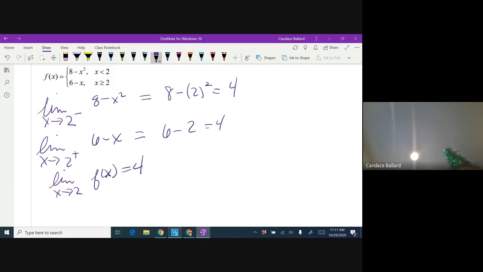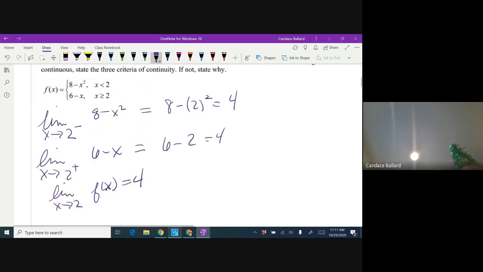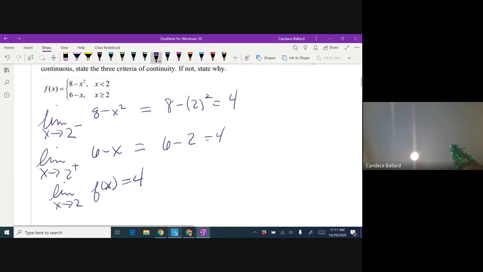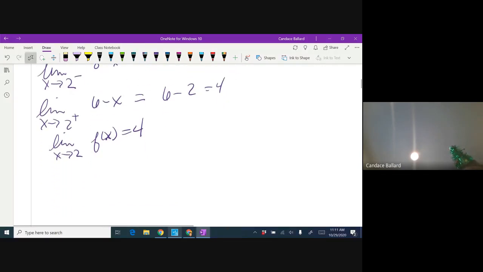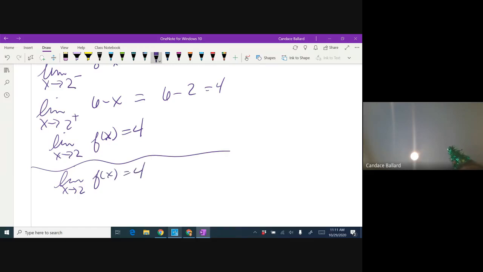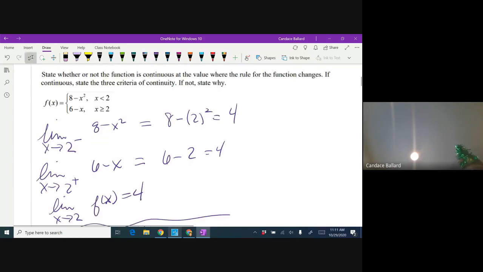Okay. Now we got to talk about continuity, right? So I've kind of already stated my limit, but technically it's going to be in a second problem, because of the way I wrote the problem on the test. So my limit exists. Then I have to evaluate f of 2, and it's going to go into the bottom branch again because that's where my equals is.